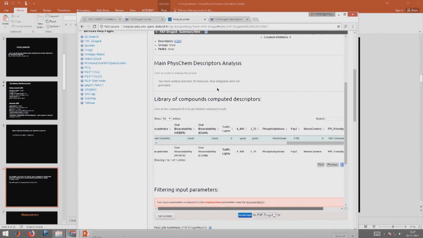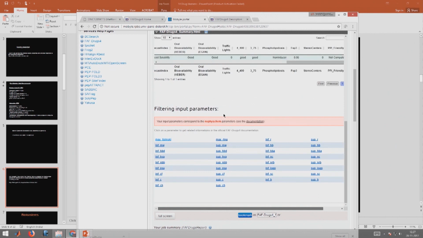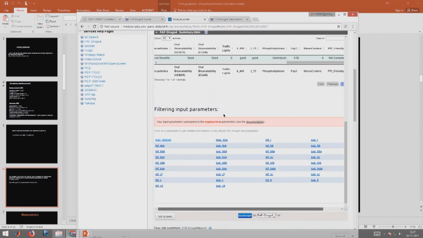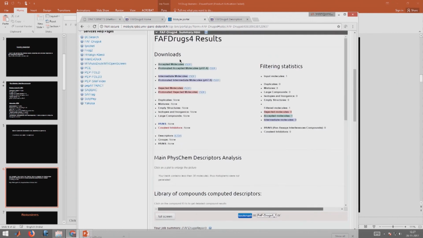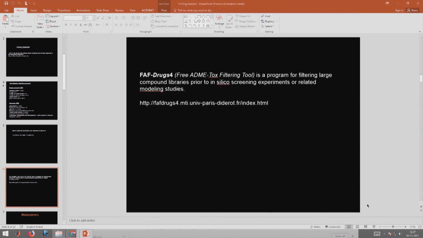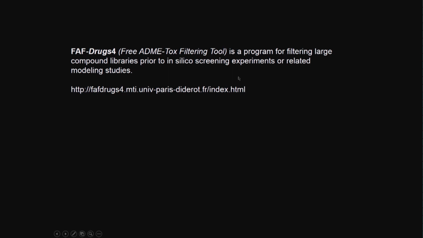So if I have 30 molecules or more, I can even prepare histograms showing a particular property. I can put a histogram of log P, or I can put a histogram based on log S, and so on. So this is a very good software for one to study the drug likeness property, try to collect information on various descriptors, and it is a freeware, okay.